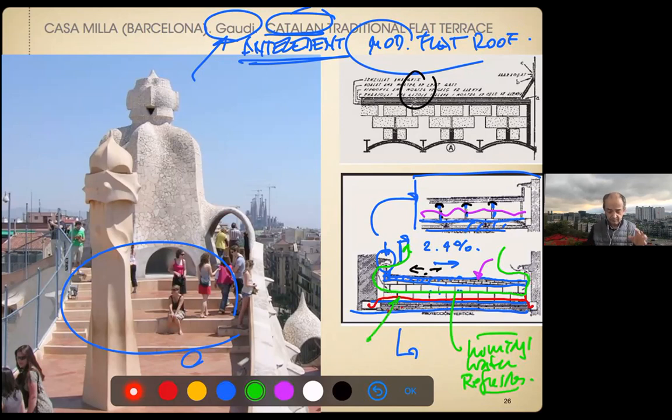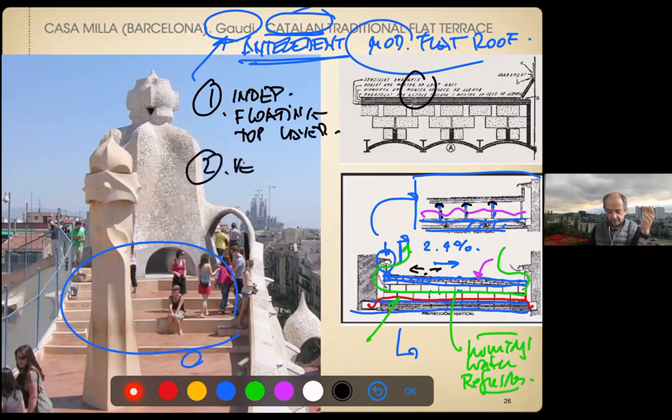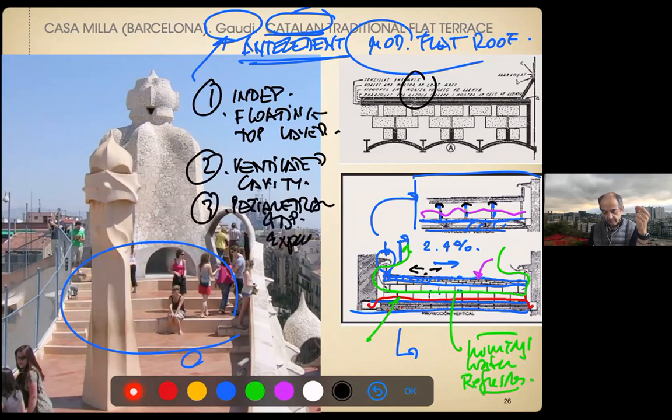So it has some features which are really modern. And we can mention them. First, to have the independent floating top layer. Second, to have the ventilated cavity. And third, to have this kind of a perimetral gap, which allows for expansion without damaging and allows also for this ventilation, right?